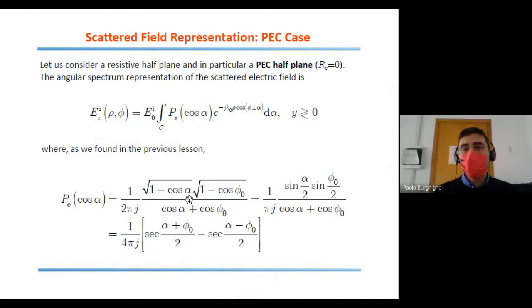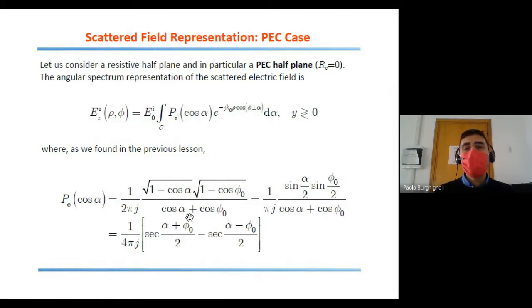minus cosine alpha divided by cosine alpha plus cosine phi 0. Now it is convenient, and it is done in most of the treatments, to rewrite this by using some trigonometric identities. In particular, you can write the square root functions above in terms of the sine of the half angles, alpha divided by 2 and phi 0 divided by 2.